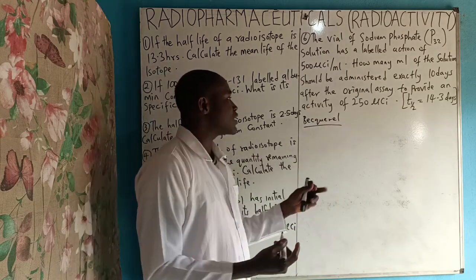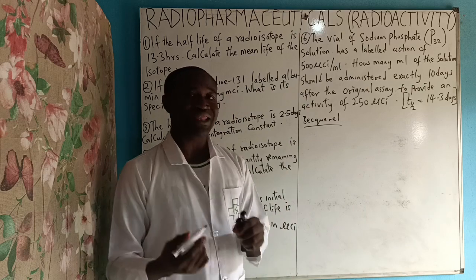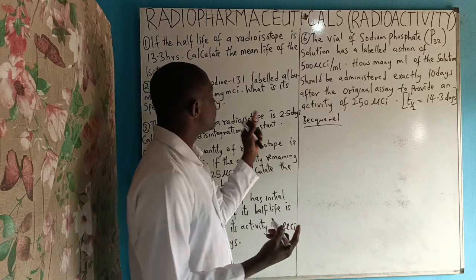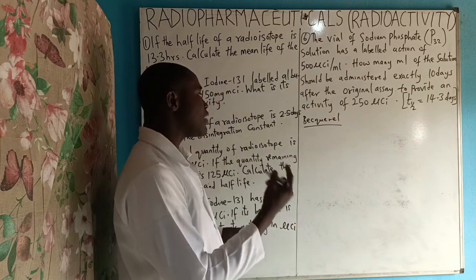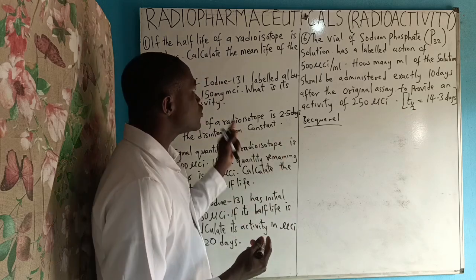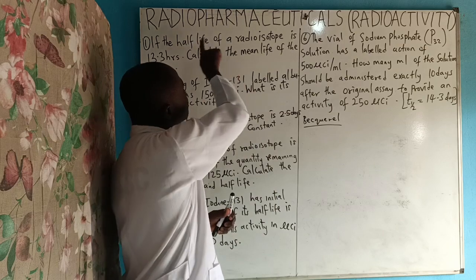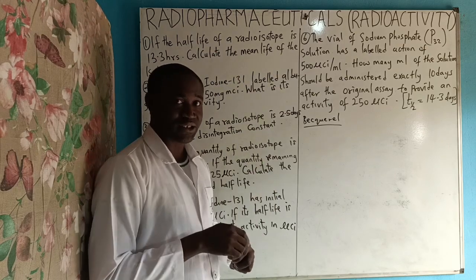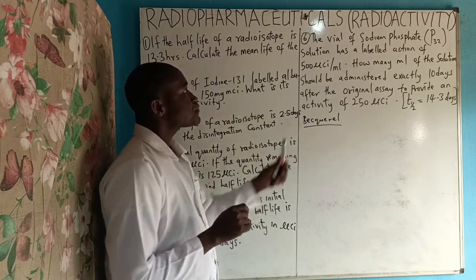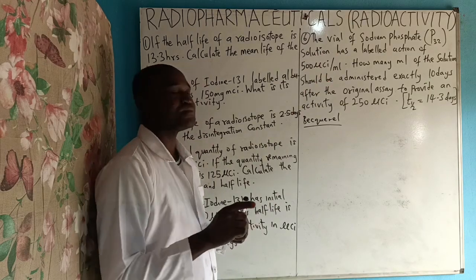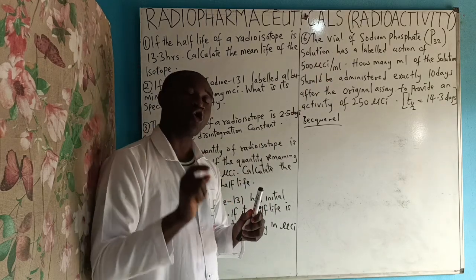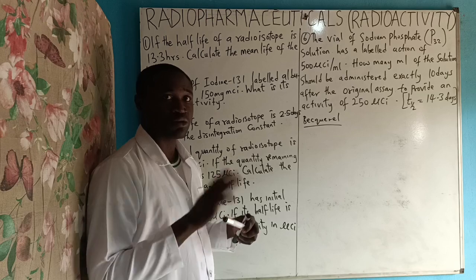Now, it's important for us to note some important formulas when it comes to radiopharmaceuticals. First of all, for you to know this formula, we need to recall that since radiopharmaceuticals come from the topic radioactivity, radioactivity is one of the processes that undergoes the first order reaction equation law.